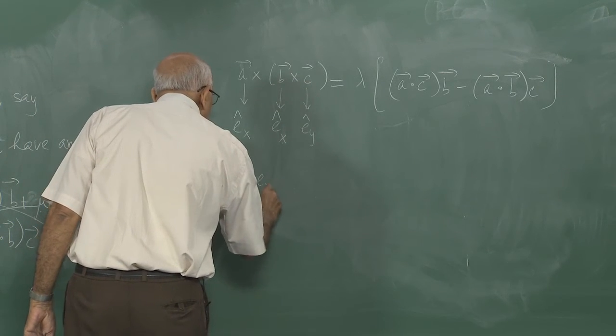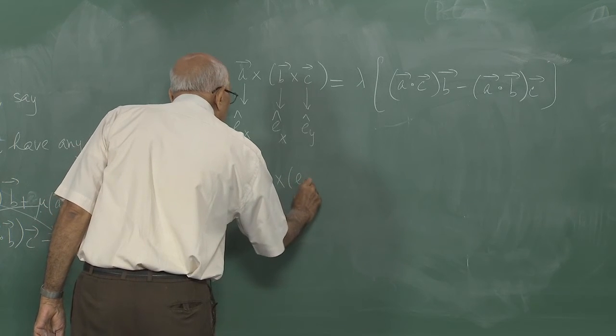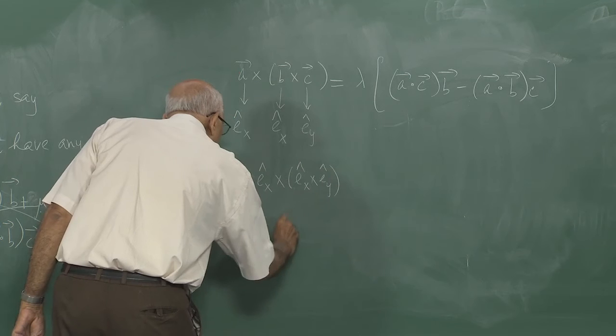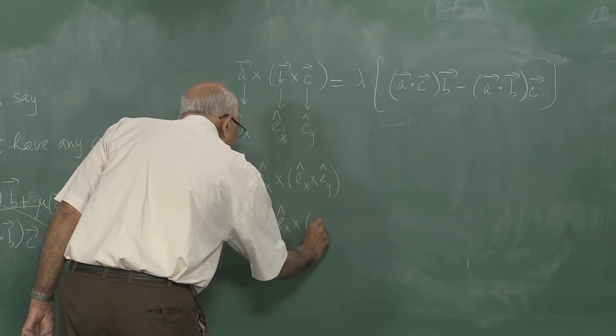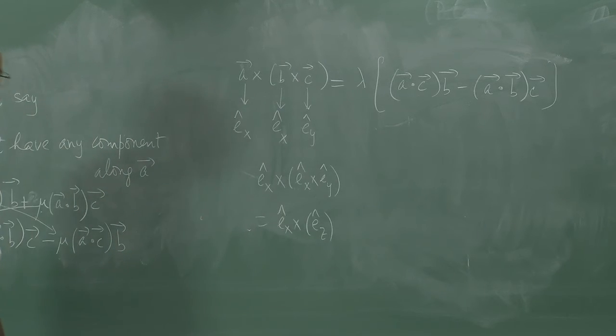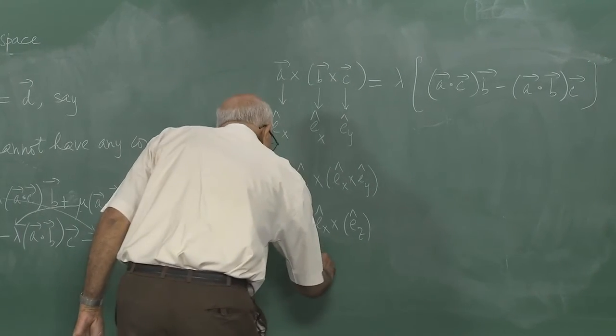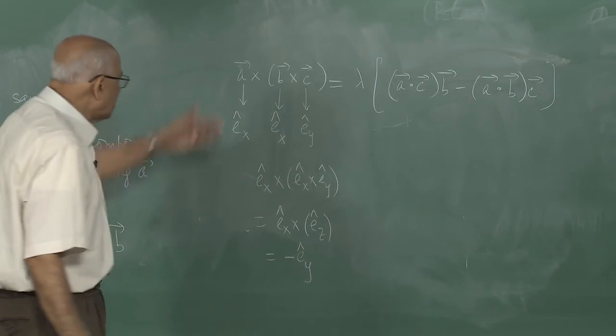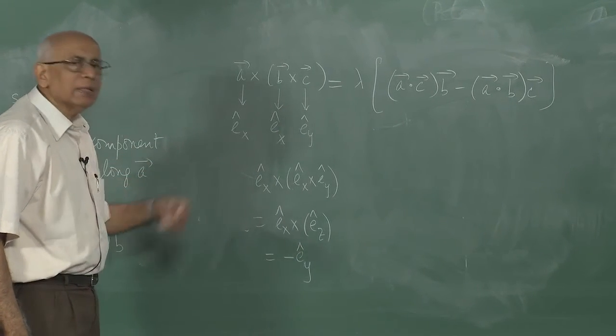We know that Ex cross Ey is equal to Ez, because that is what Ex cross Ey is for this right handed triad, so Ex cross Ez is equal to minus Ey. So on the left hand side in this choice I get minus Ey.